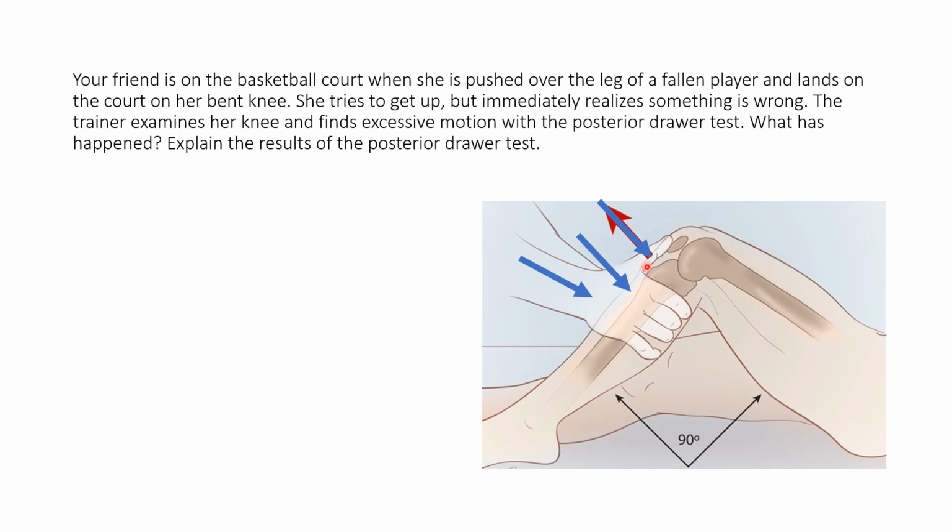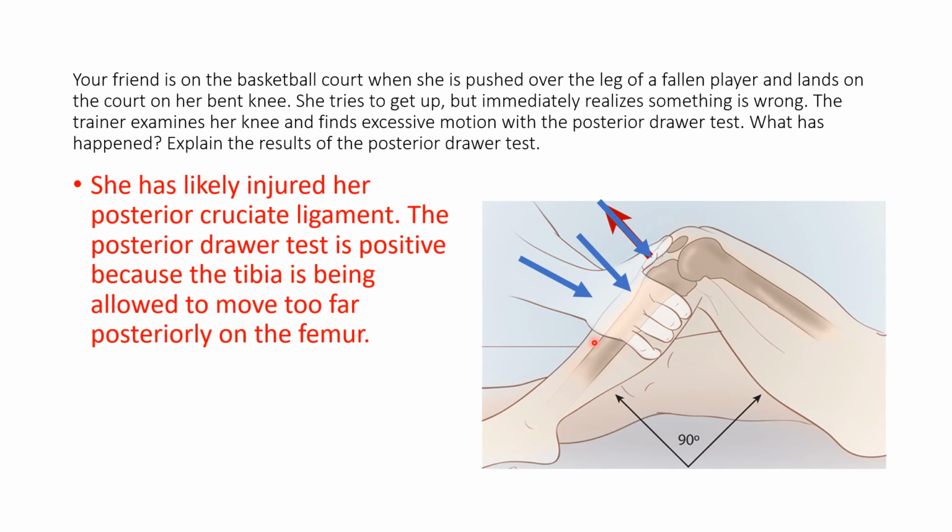And the PCL is preventing the tibia from sliding posterior to the femur. So the PCL is the possible rupture here. So she likely injured her posterior cruciate ligament. The posterior drawer test is positive because the tibia is being allowed to move too far posteriorly on the femur.